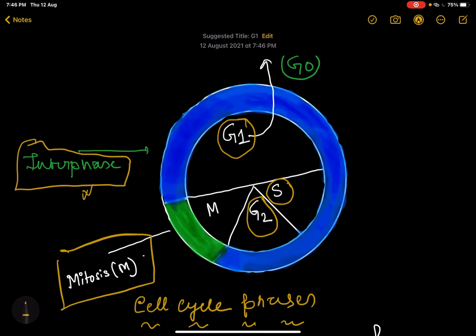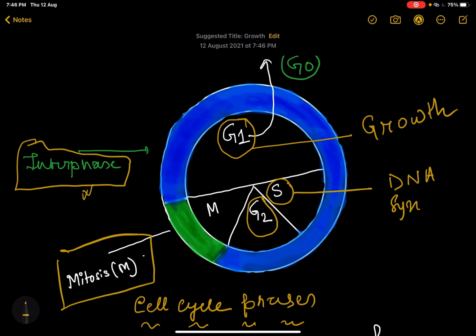Now, what does G1 phase stand for? This G1 phase stands for growth. Number two, this S phase stands for synthesis, that is DNA synthesis. And number three, G2 phase, this is actually growth and preparation for mitosis.